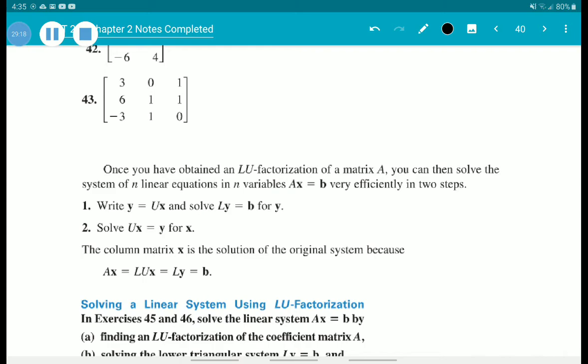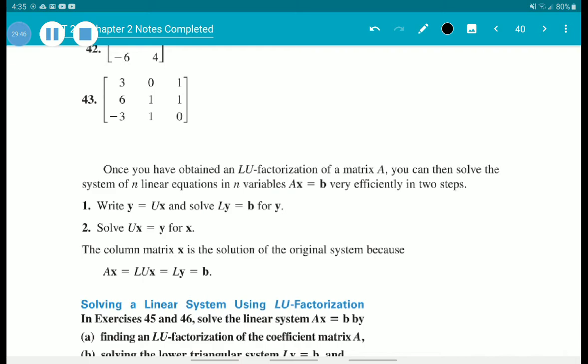So here's how this works. Once we have an LU factorization, we can solve the linear equations by breaking this down into 2 steps. We're going to let y equal U times x, and we're going to solve Ly equals b for y. Think about y kind of like a dummy variable, if you will.